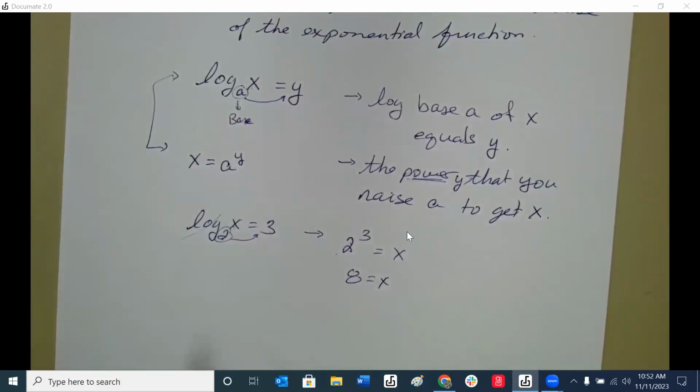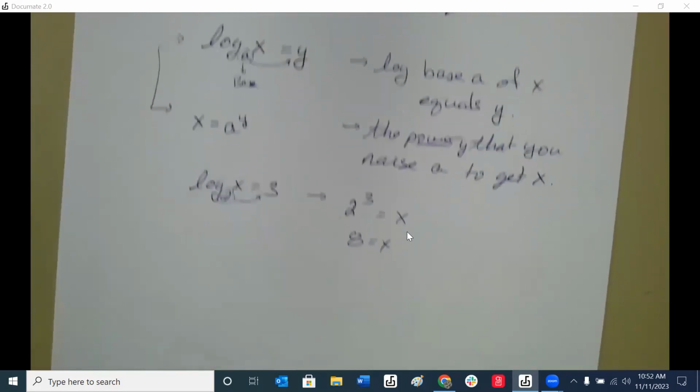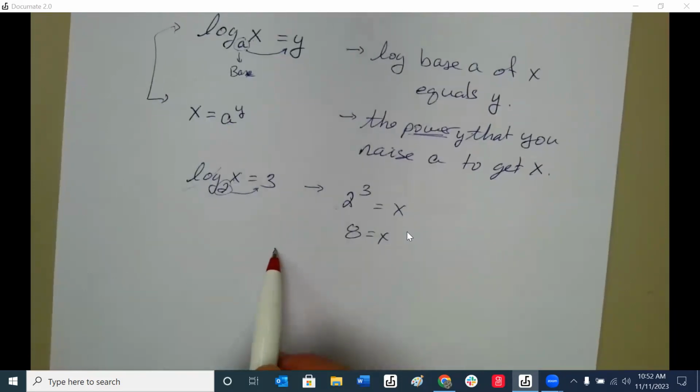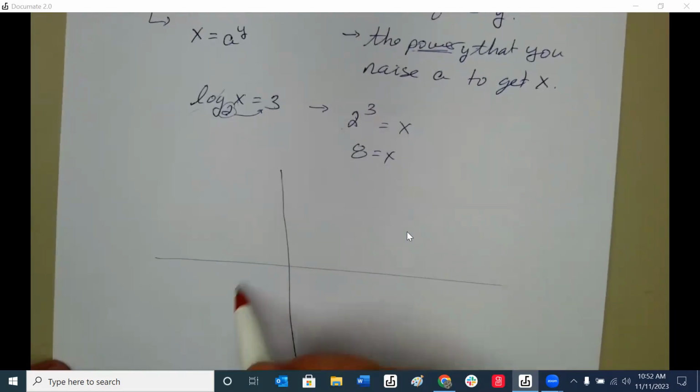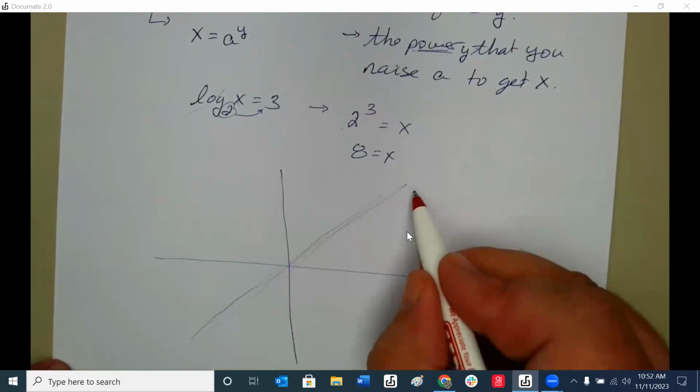Since they're inverses of each other, remember what the graphs have to do? They have to be perfect flips across this line.